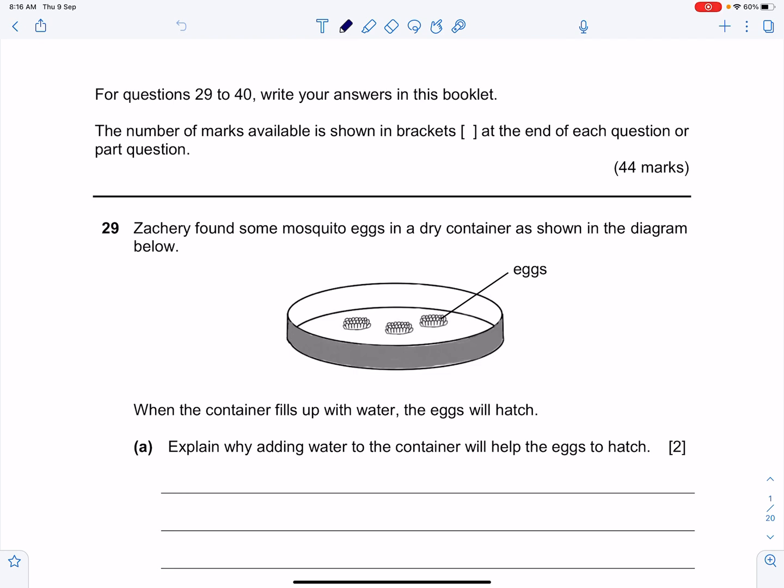Obviously, when I see mosquito eggs, straight away it hints to me that the topic should be life cycle. And then the concept that they are testing is probably the different life stages of a mosquito.